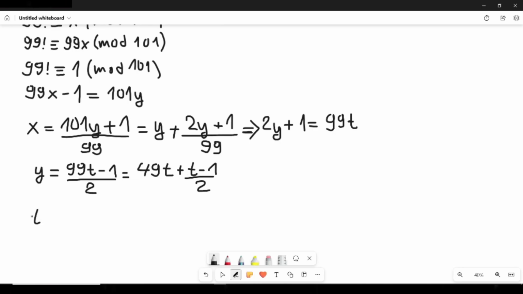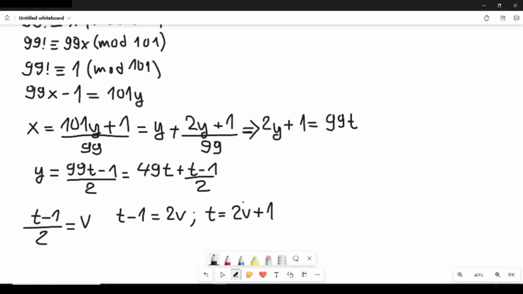So t minus 1 over 2 let's say is equal to v, it doesn't matter, and from that we can say that t minus 1 is equal to 2 times v, from which we can state that t is equal to 2v plus 1.